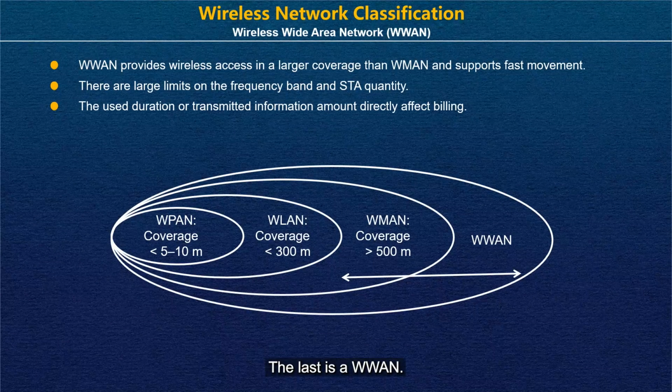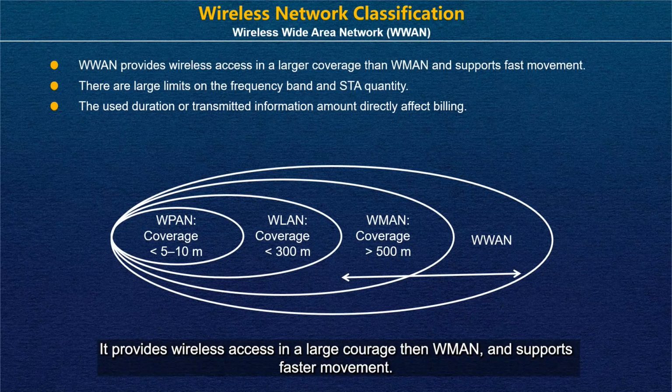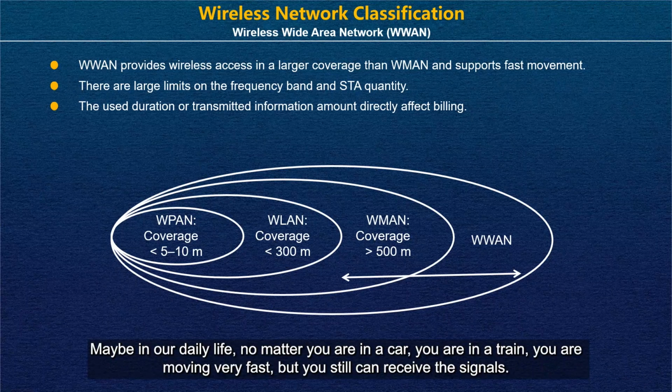Okay, the last is WWAN. It provides wireless access in a larger coverage than WMAN and supports faster movement. Maybe in our daily life, no matter whether you are in a car or in a train, you are moving very fast, but you still can receive the signals, right?